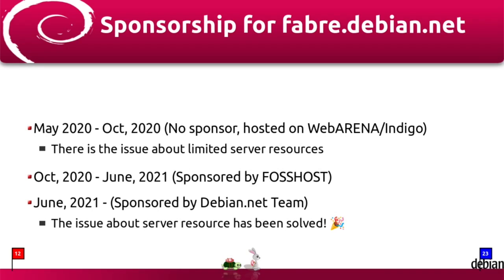As you know, there was a concern about continuity, so before Fosshost stopped, I got a new sponsor, the Debian.net team infrastructure. As a result, the issue of server resources was solved completely.